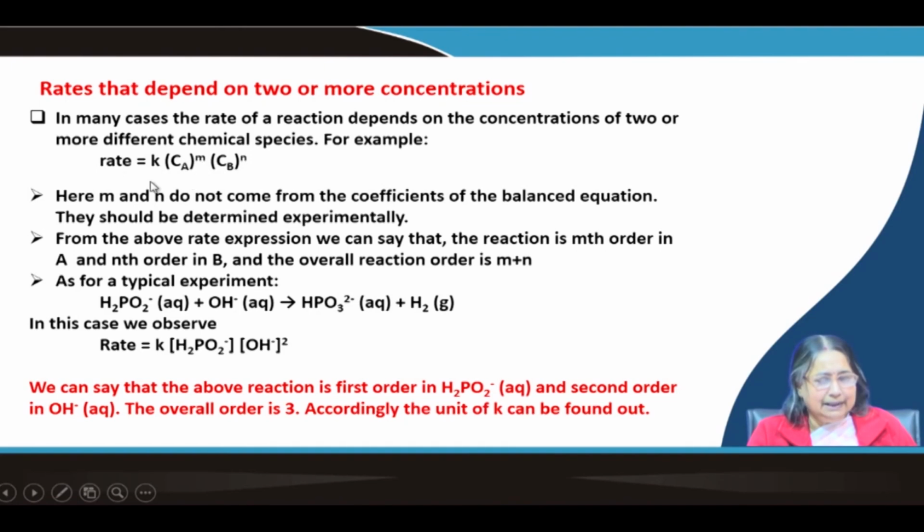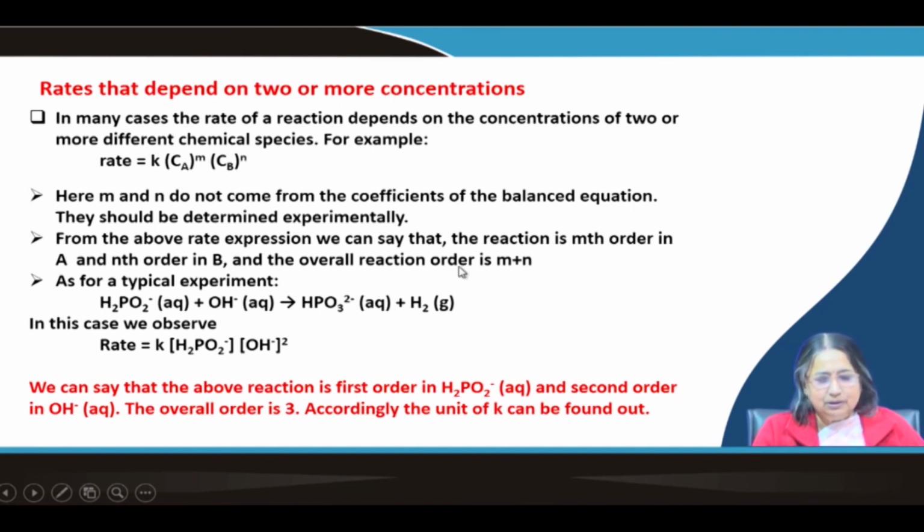You have to remember that m and n do not come from the coefficients of the balanced equation. It is not like m A plus n B giving product. It may happen like that, but it is not like that. They should be determined experimentally.